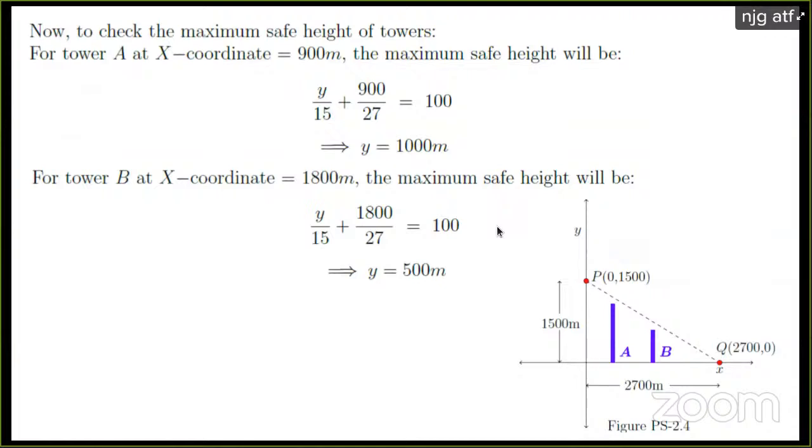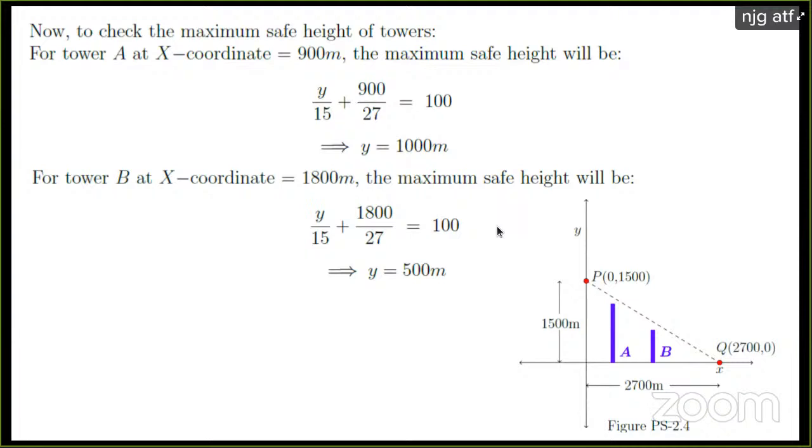If you substitute 900 as my x value, I will get a y value, which is nothing but (900, 1000) on my trajectory path. So my maximum safe height can be 1000 meters for tower A, because anything beyond that will intersect the trajectory path. That means the plane crashes into tower A. So the tower should be lesser than 1000 meters, but the maximum safe height we can consider is 1000 meters.